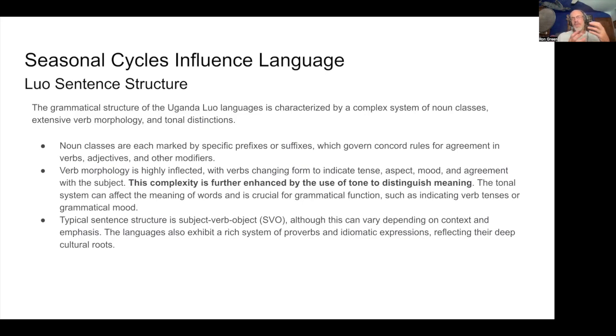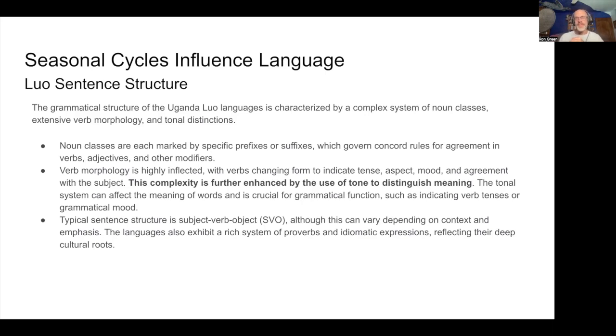Where you might have waiter or waitress that have a suffix that's qualifying whether we traditionally consider the noun a male or a female. But you don't necessarily have prefixes and suffixes to nouns that change their agreement for the verbs, adjectives, and other modifiers, maybe with the exception of possessives.